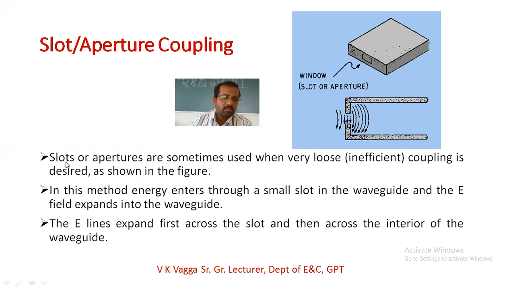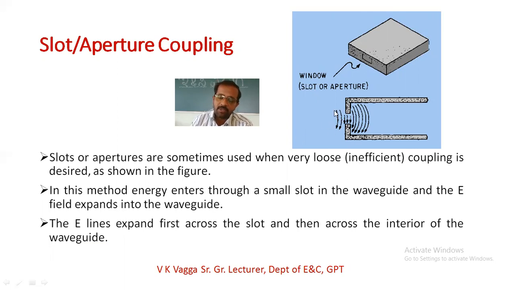Slots or apertures are sometimes used when very loose or inefficient coupling is desired. In this method, energy enters through a small slot, a small window, into the waveguide, and the E field expands into the waveguide.